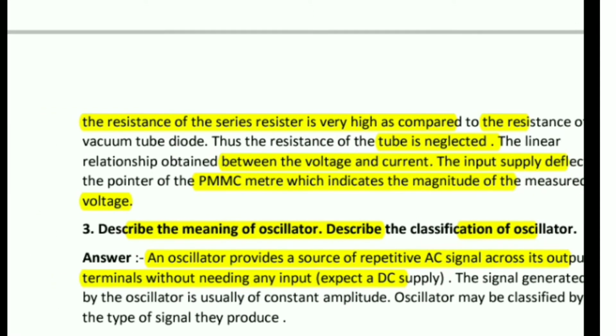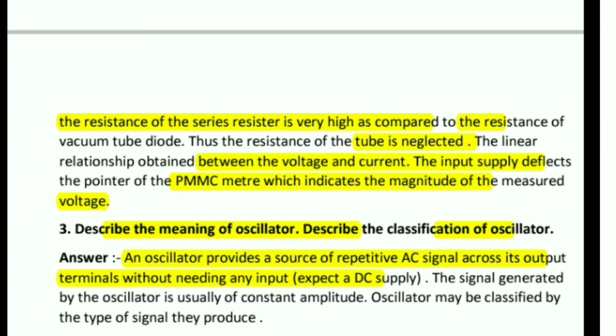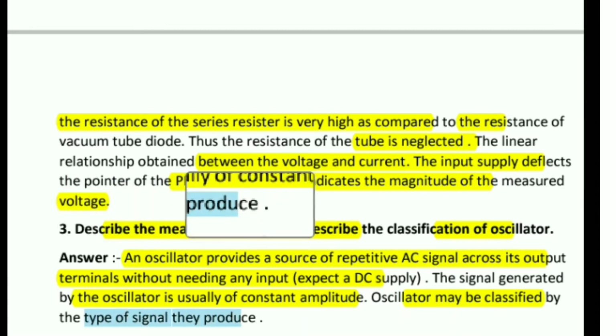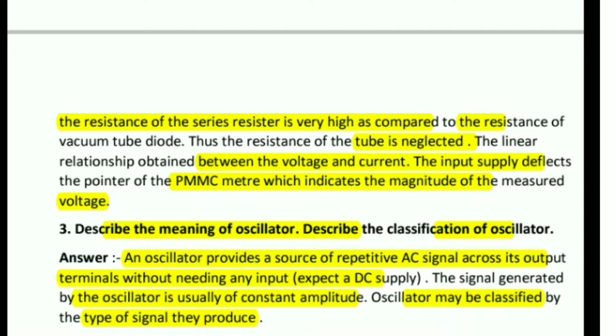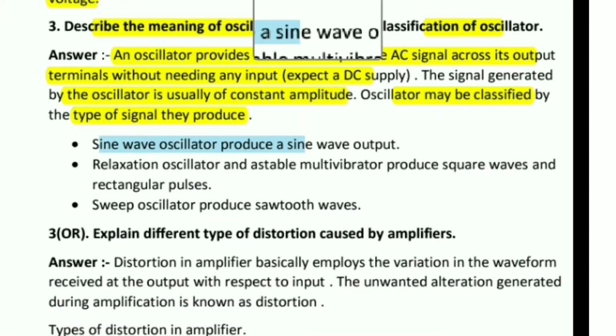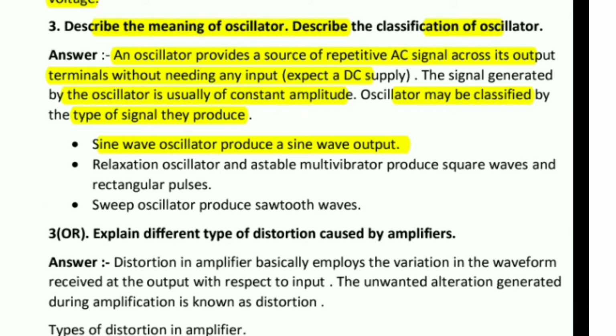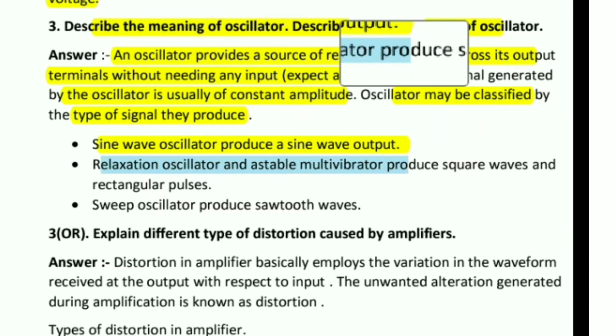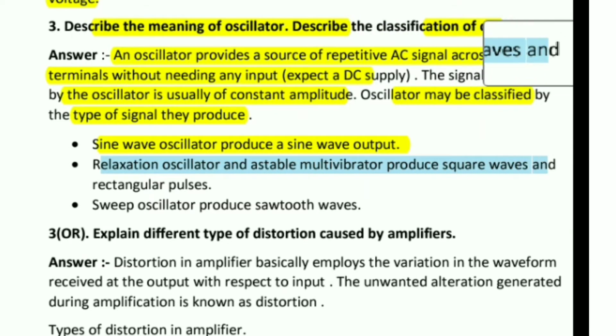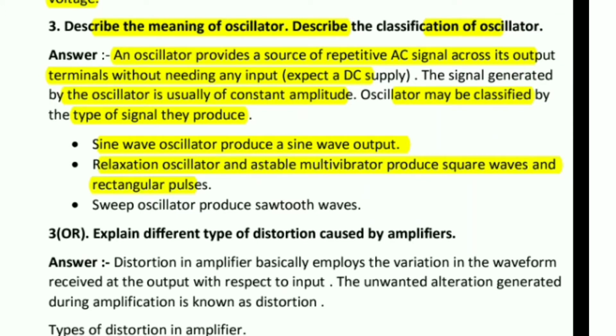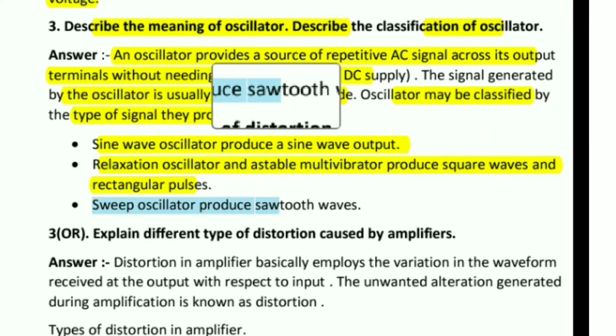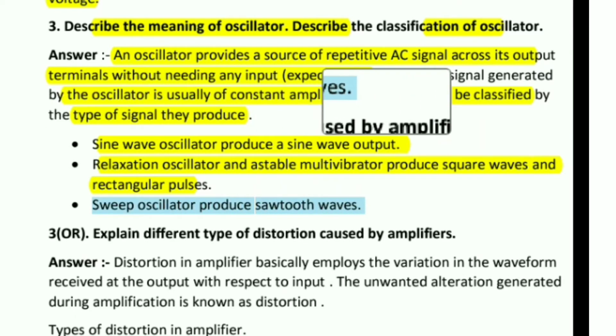The signal generated by the oscillator usually has constant amplitude. Oscillators may be classified by the type of signal they produce. A sine wave oscillator produces a sine wave output. Relaxation oscillators and astable multivibrators produce square waves and rectangular pulses. Sweep oscillators produce sawtooth waves.